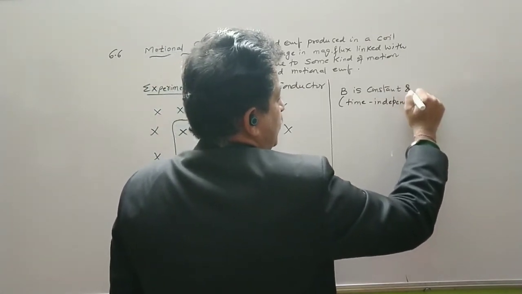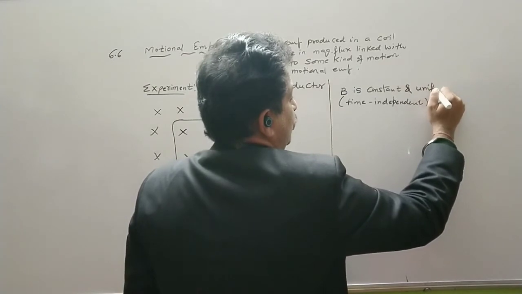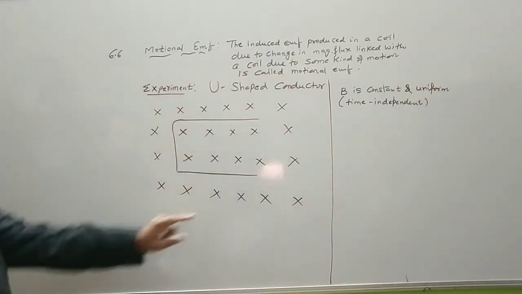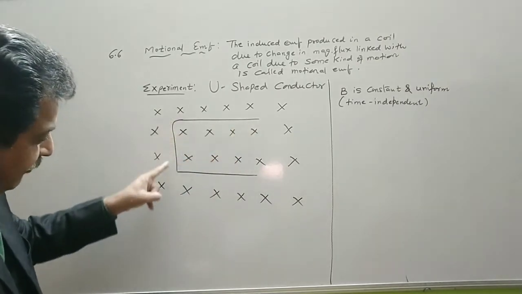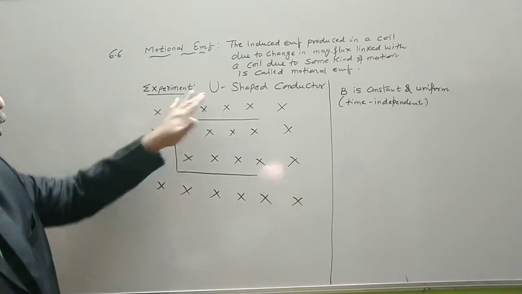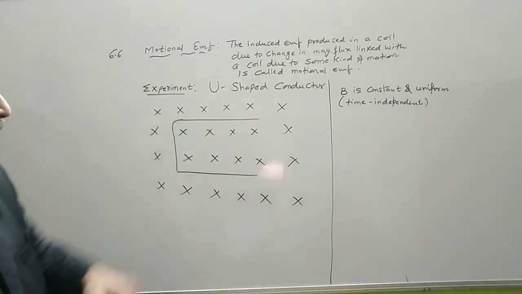So B is constant and uniform. In this we have a frame. This is a frame and it is in the shape of U. So sometimes we call this experiment the U-shaped conductor.